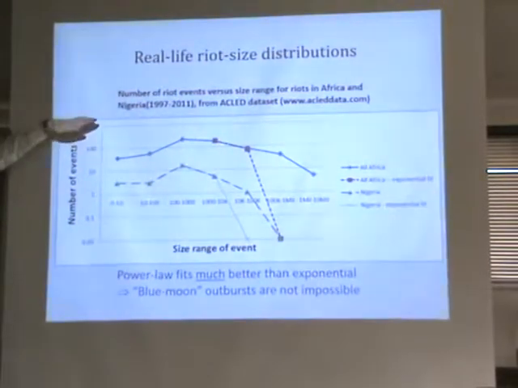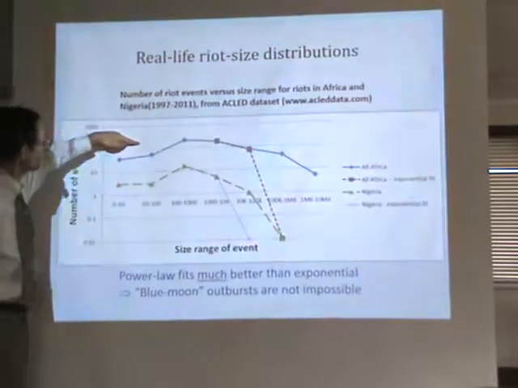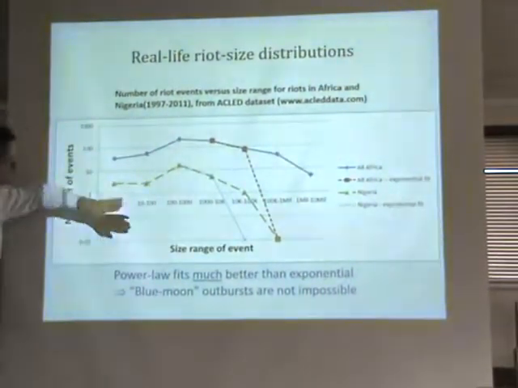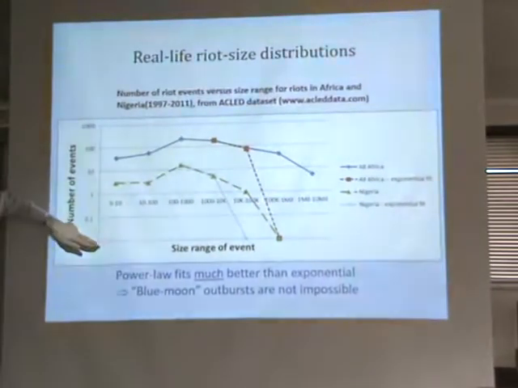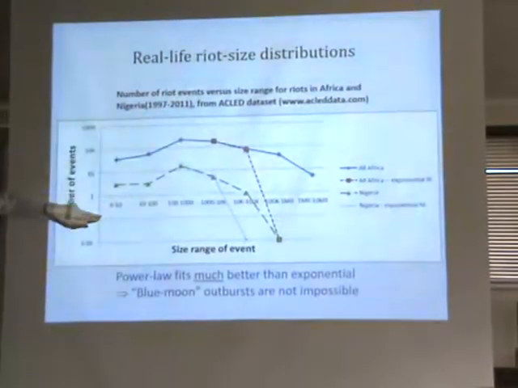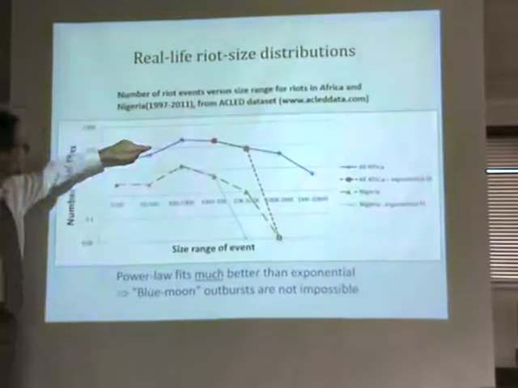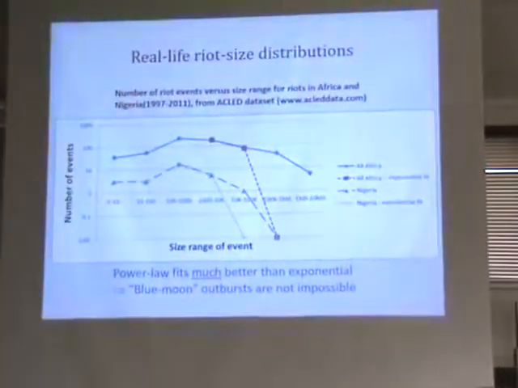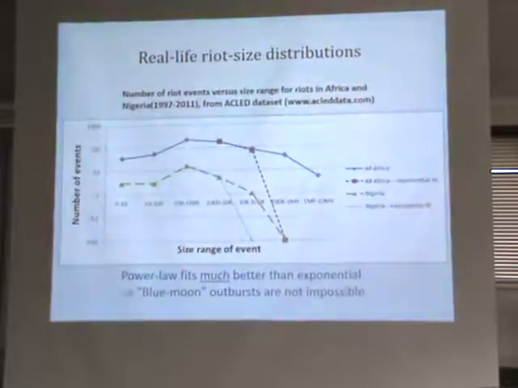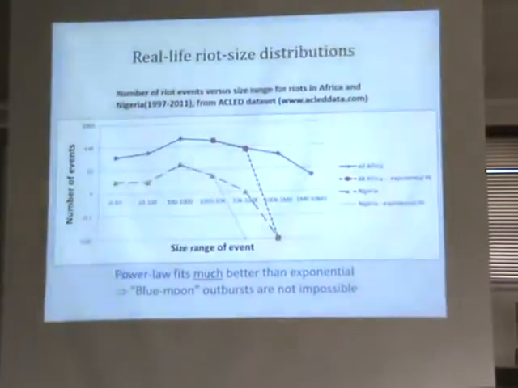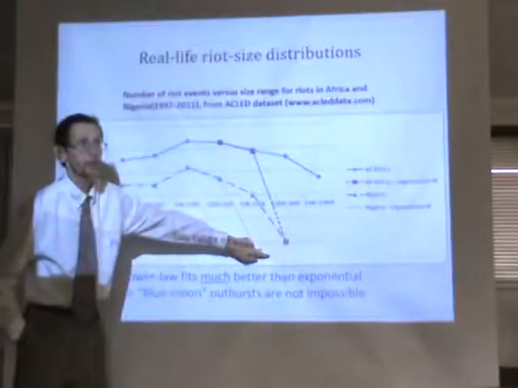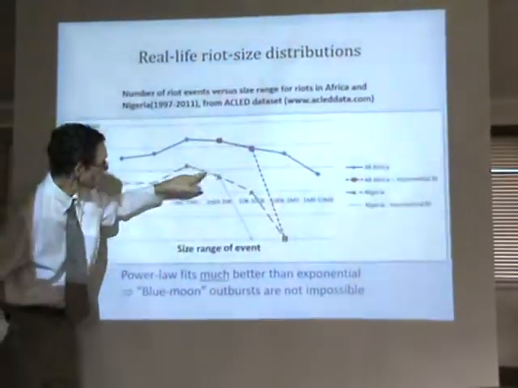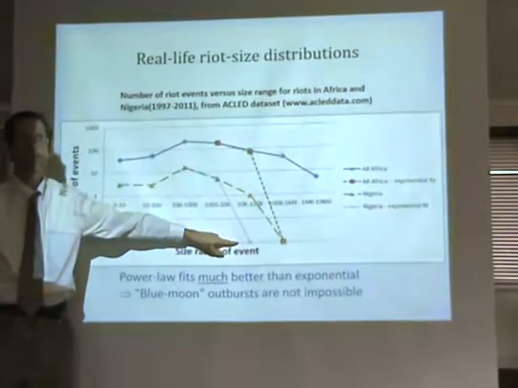What a power law would say is that if you plot the logarithm of the size versus the logarithm of the number of events, you should get a decreasing line. That's what a power law says. Now, there are other distributions, like the normal distribution and the exponential distribution, which would predict something like this. So this here and this here, that's the exponential distribution prediction.